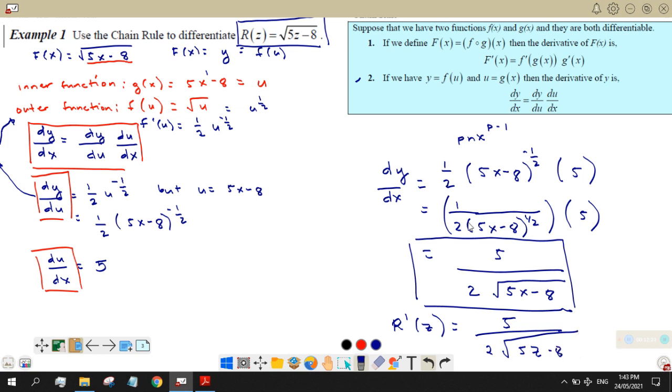Hindi lang ako sanay talaga na ibang variable yung ginagamit aside from x and y. Kaya, sinolve ko muna siya with respect to x. Saka ko siya sinubstitute with respect to z. Okay? So, you have the freedom to choose what approach you want to follow, as long as you will end up with the same value, it's okay.